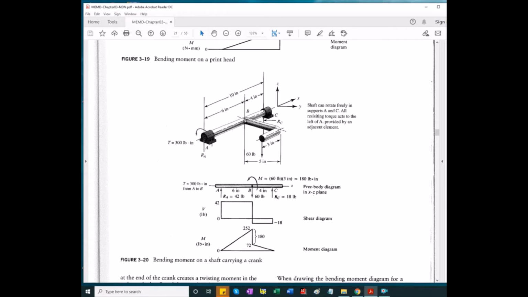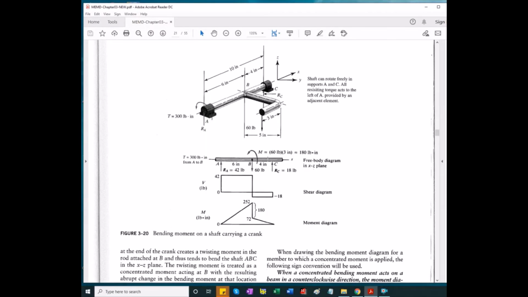The effect of this L piece that is welded at point B is a moment in the XZ plane acting the way it's shown. So it's going this way. If you follow the mouse cursor, it goes this way.